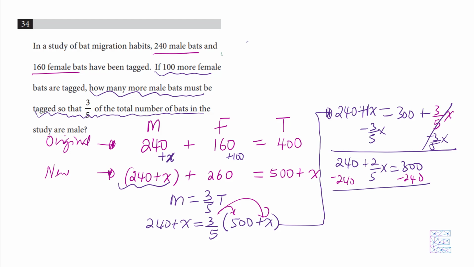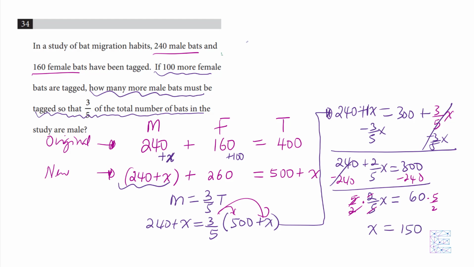And this ends up giving us 2/5 X equals 60. And to solve for X, which is the additional number of males that we needed to tag, we just need to finish this off by multiplying both sides by 5/2. So of course these cancel out, and we have X equals 150.